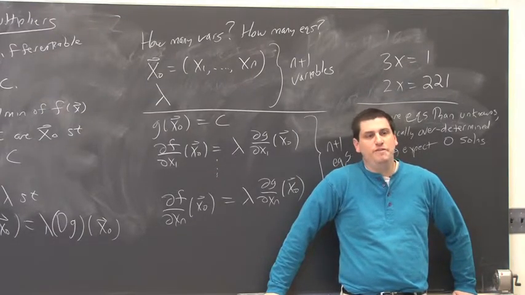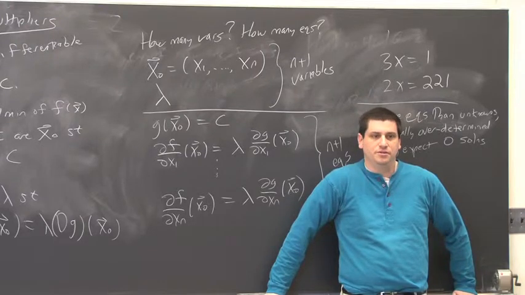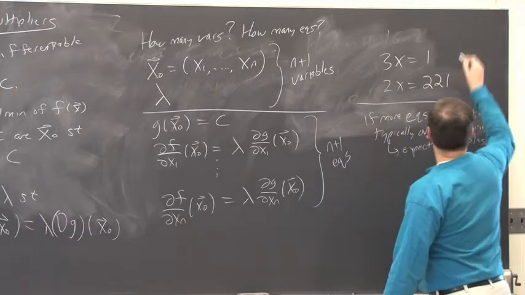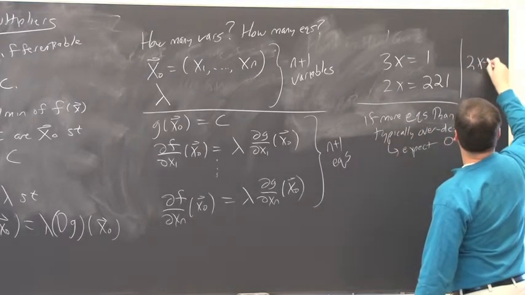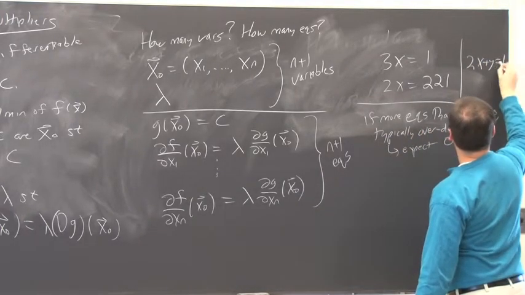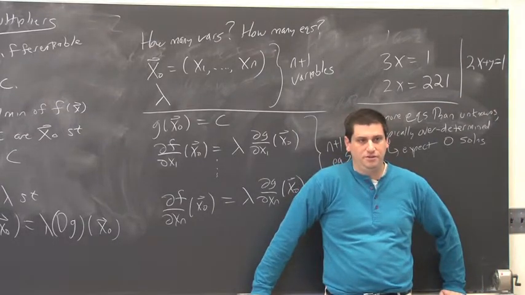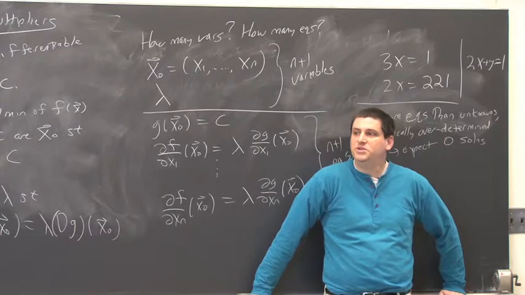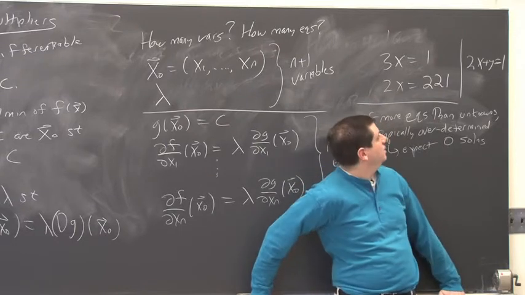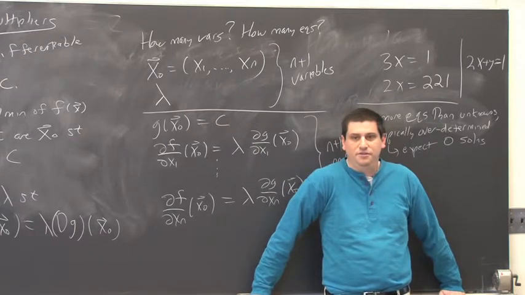What if we have more variables than equations? What if I gave you 2x plus y equals 1? Do you expect there to be solutions? Can somebody give me a solution?